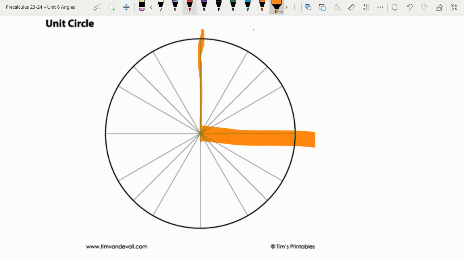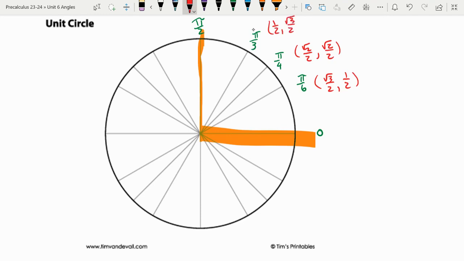So if I know that this is, let's do it in green, this is 0, pi over 6, pi over 4, pi over 3, pi over 2, and this is root 3 over 2, 1/2, root 2 over 2, root 2 over 2. This is 1/2, root 3 over 2.